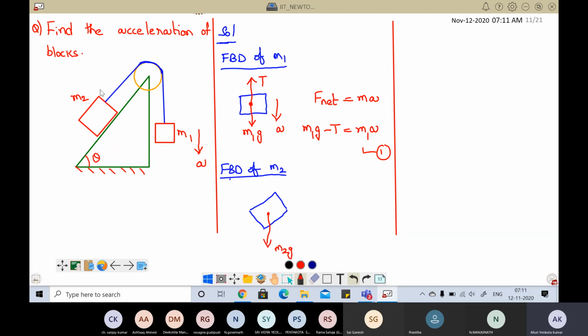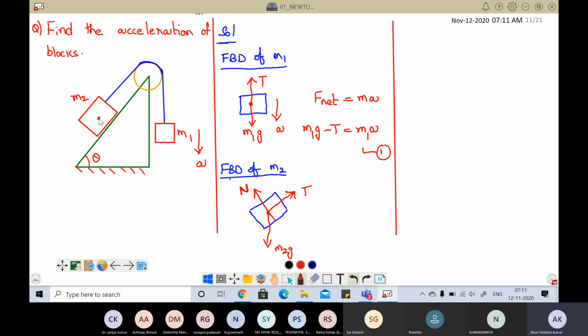Then the tension force will be an upward pulling force, T, and there is a normal reaction, called N. Whenever forces act on an inclined plane, we should resolve along the inclined plane and perpendicular to it. Tension is along the inclined plane and the normal reaction is perpendicular to it, so we don't have to resolve these two forces, whereas M2G we have to resolve.